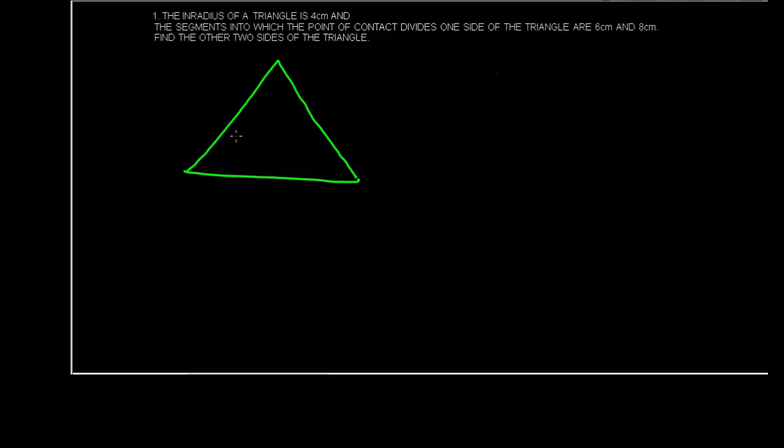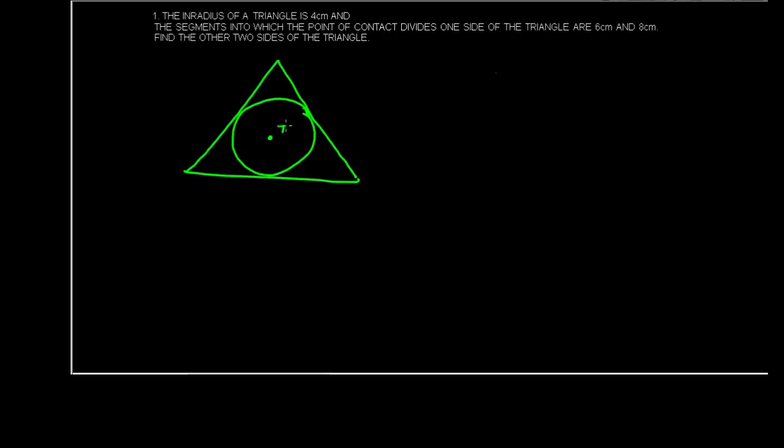It lies inside the triangle, and taking that point as center, you can draw a circle inside the triangle. So the circle drawn inside the triangle is called the incircle, and the radius of the circle is called the in radius. And this in radius is a constant distance between the incenter and the sides of the triangle.